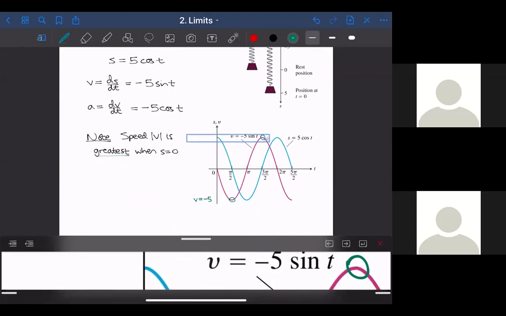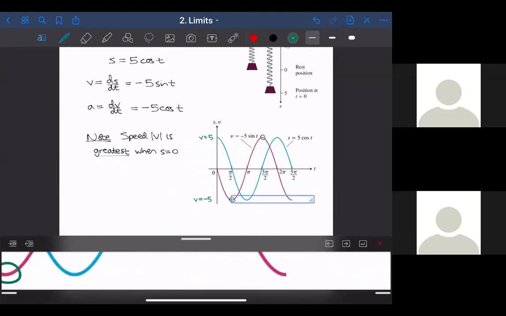And here V is +5. So the speed is also 5. And here again. And you can see that these green points are where the blue graph passes through the axis when S is 0.